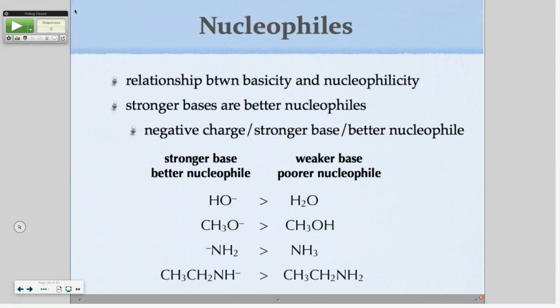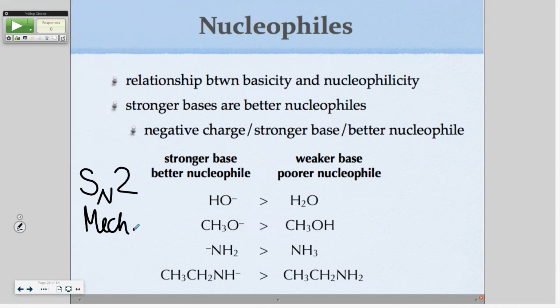Okay, so what have we been talking about? I know you slept since then. What were we doing on Monday? Nucleophiles. We're doing the SN2 mechanism.